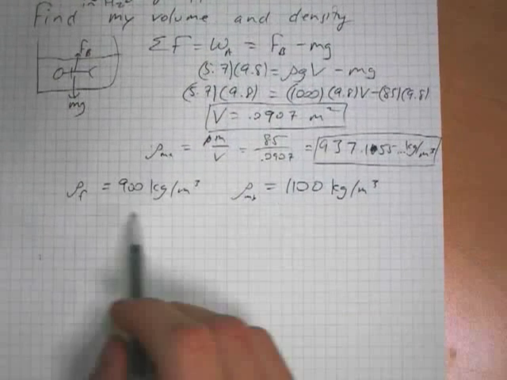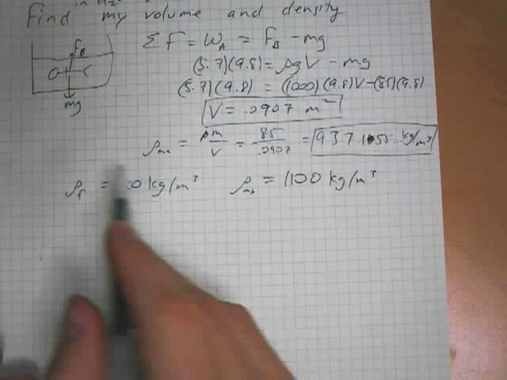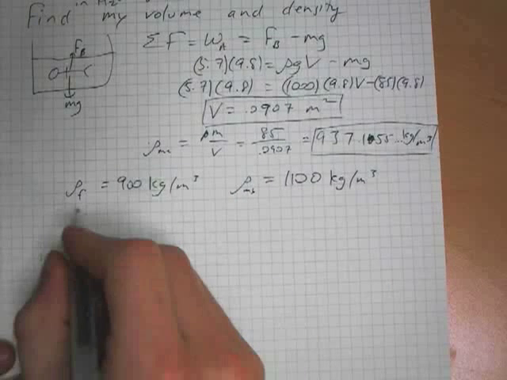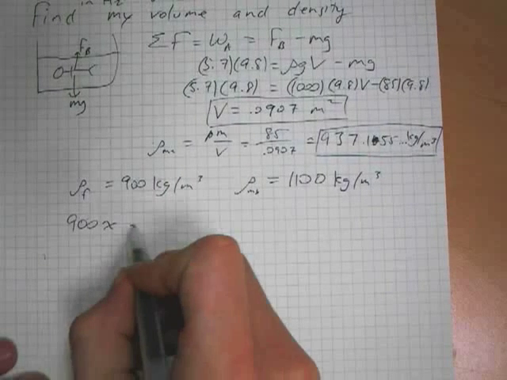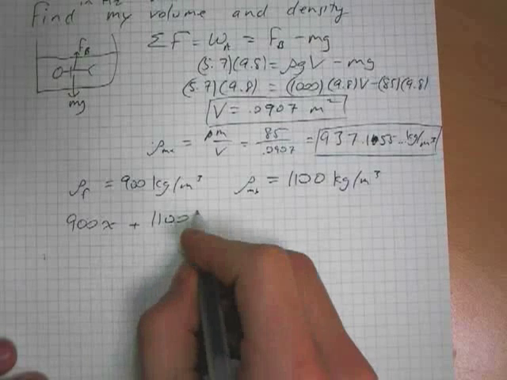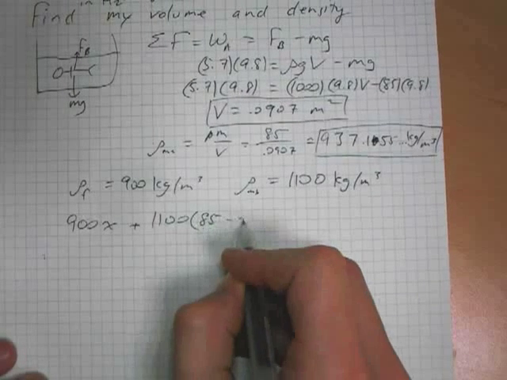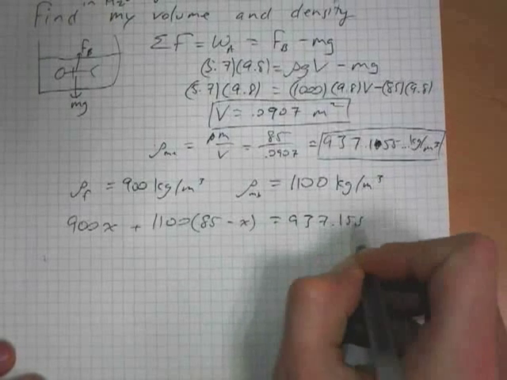So using this, you can write a system of equations where we say that some amount of your mass, x, is fat, and then the rest of your mass is muscle, which would be your total mass minus x, and set that equal to 937.155.